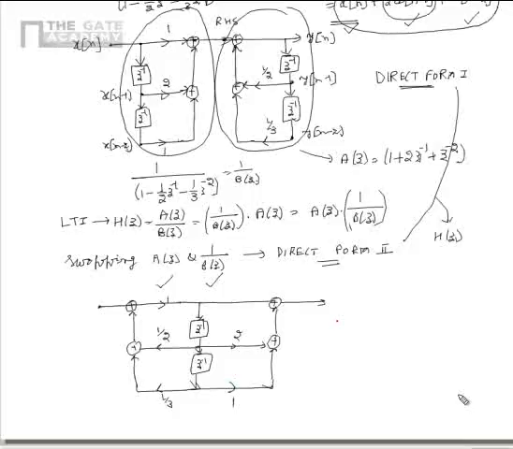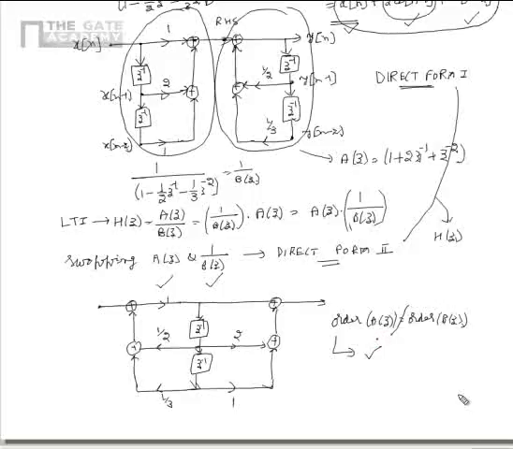Here it has happened that the order of A of z is equal to the order of B of z. Please note that we can realize similar filter structures even if the order of A of z is not equal to the order of B of z.